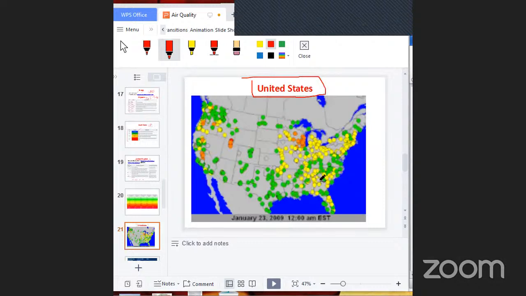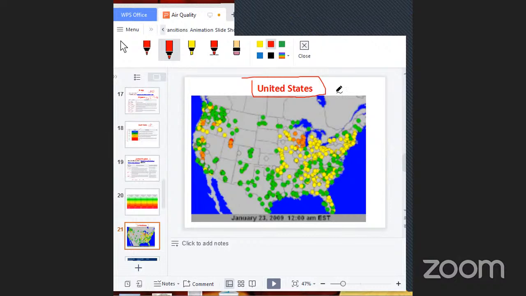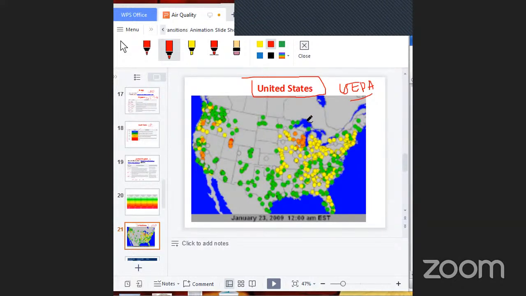The next, the United States. The United States Environmental Protection Agency, USEPA, has developed an air quality index that is used to report air quality.